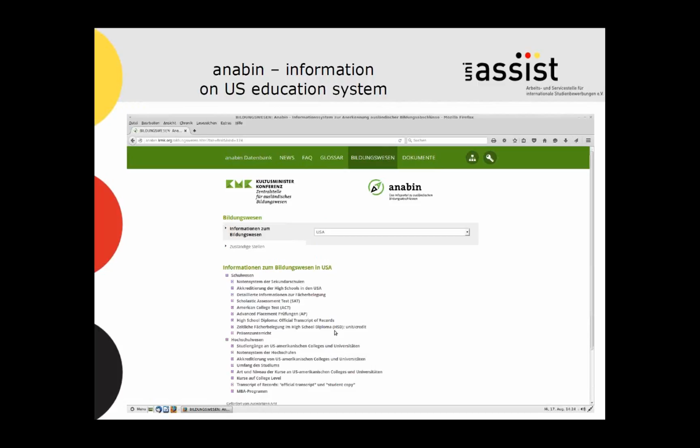Here you can also see the list of important information that you can find, such as grading system, accredited institutions for the high schools, and some more.